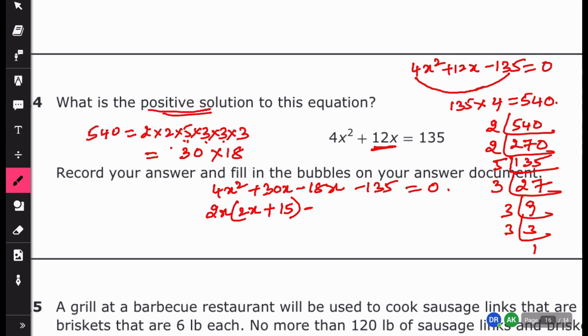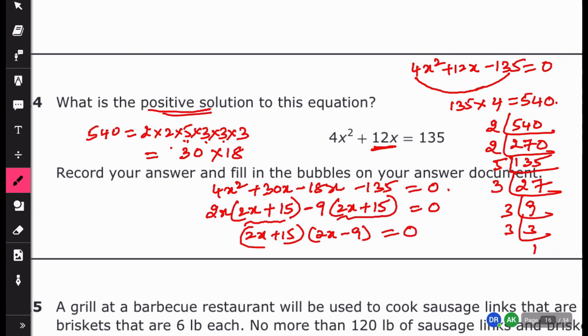Then what can you take out common from these two? You can take out 9 common from these two. So you'll get 2x plus 15, which is equal to 0. Because this and this is common over here, you can take it as 2x plus 15 into 2x minus 9 equal to 0.